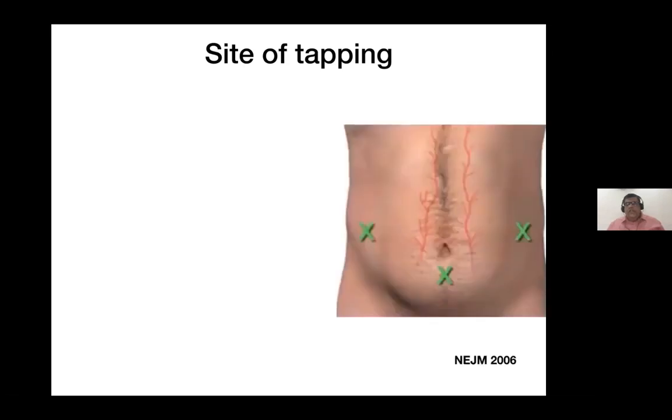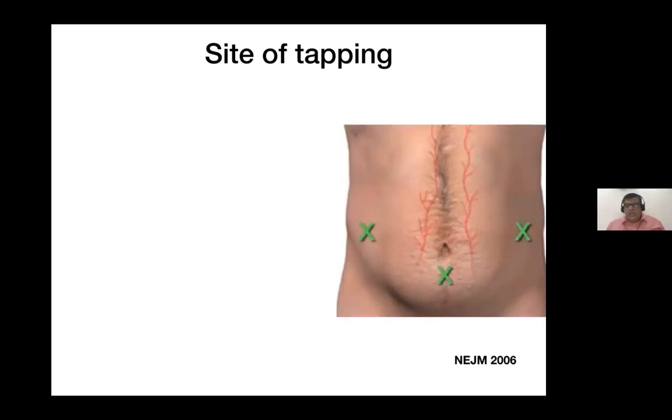Next question comes, where should we tap the patient from? Now, this was a beautiful article in NEJM which discussed in depth the three sites which are commonly used: the left lower quadrant, midline between the umbilicus and the symphysis pubis, and the right lower quadrant.